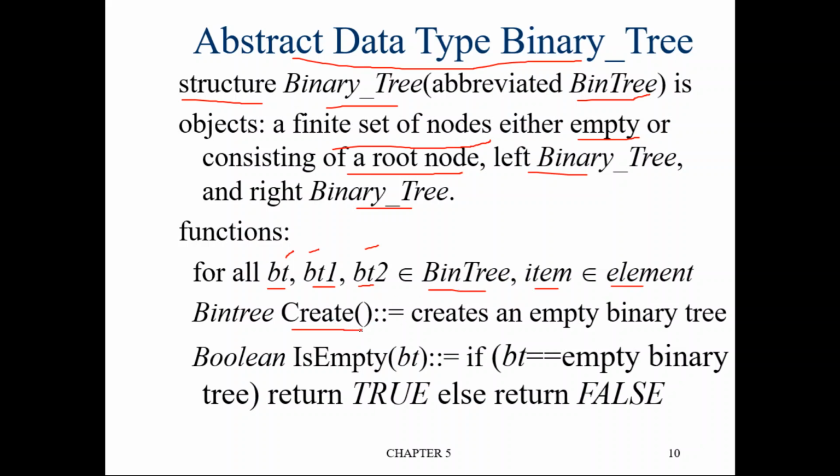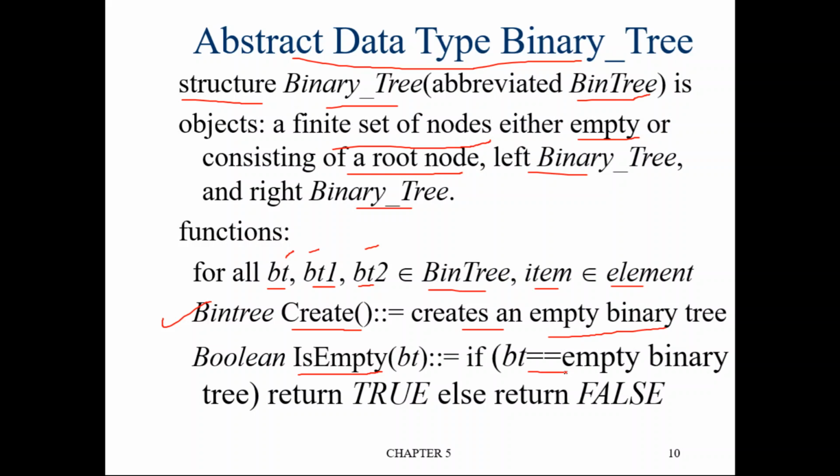The first function is creating an empty binary tree. There will be a function create which is used to create an empty binary tree. And then you can have a function isEmpty of BT, for some binary tree object, to check whether the binary tree is empty or not.